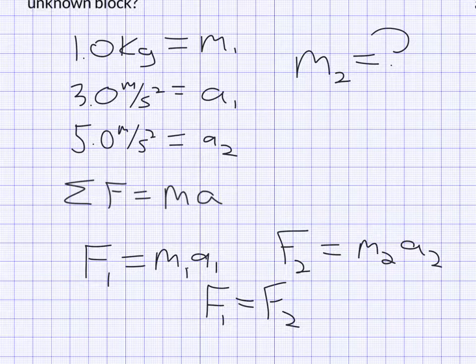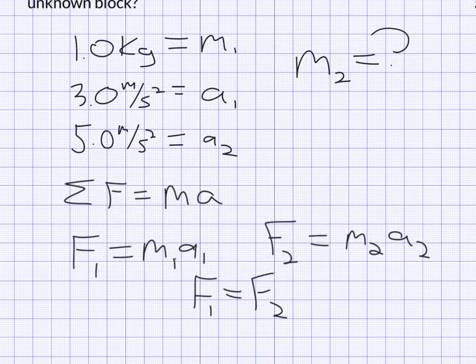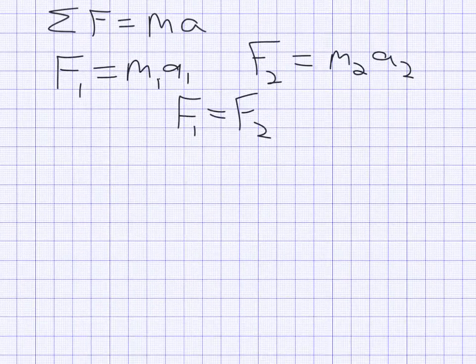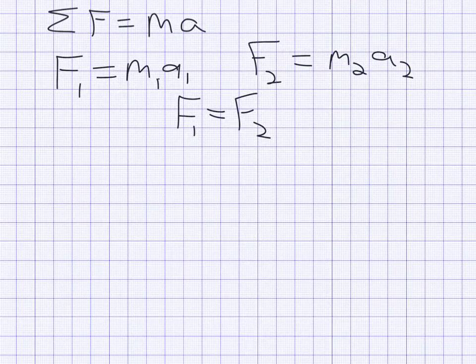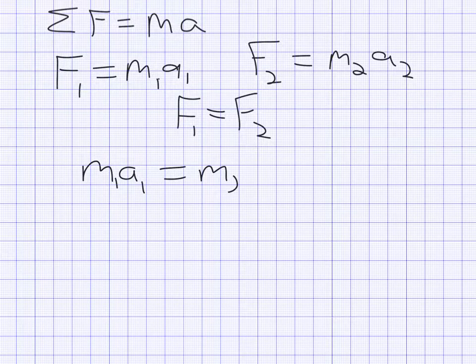So, that's either the associative property or commutative property, and I always forget the two or confuse them. But by one of those two properties, we can say that mass 1 times acceleration 1 is equal to mass 2 times acceleration 2, like so. And now we just plug it in.